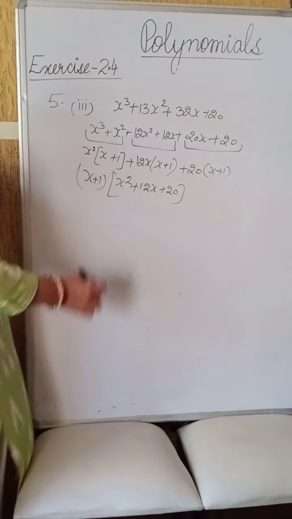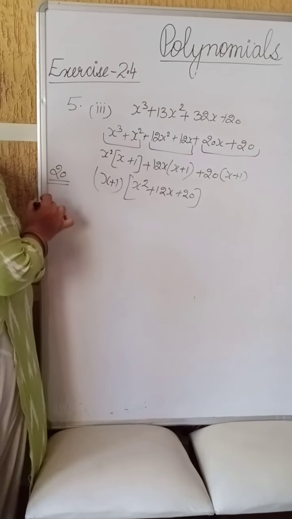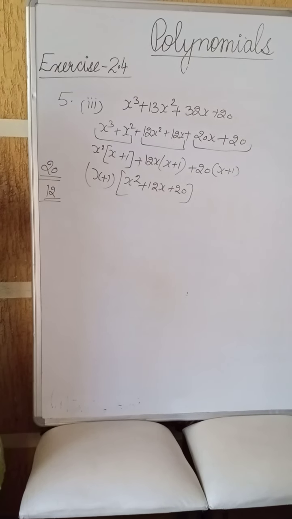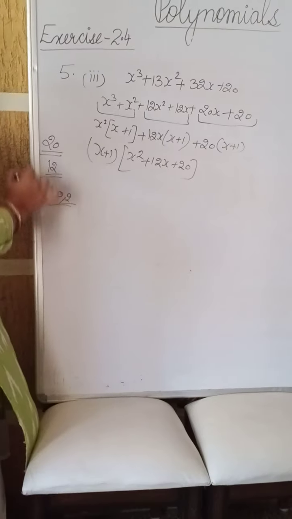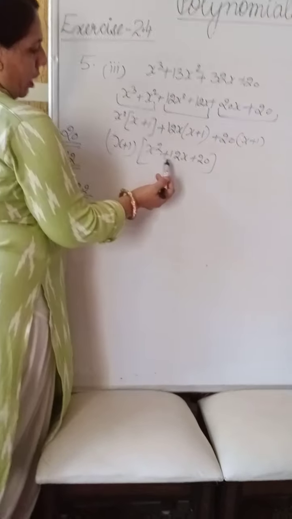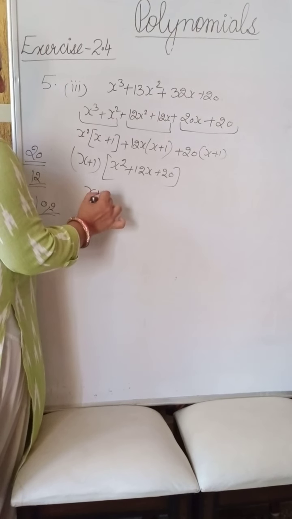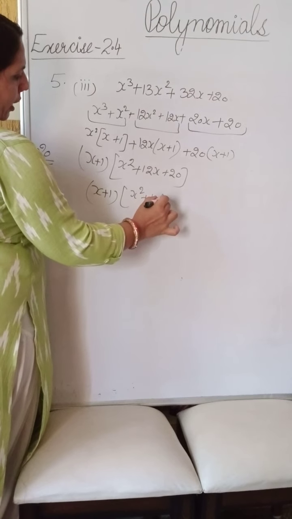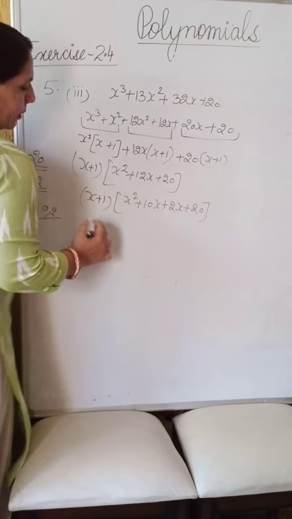Now make the pairs so that product will be equal to 20 and sum will be equal to 12. So I can take 10 and 2, and all signs are plus, so both numbers will be plus. So I am writing this 12x as 10x plus 2x plus 20.